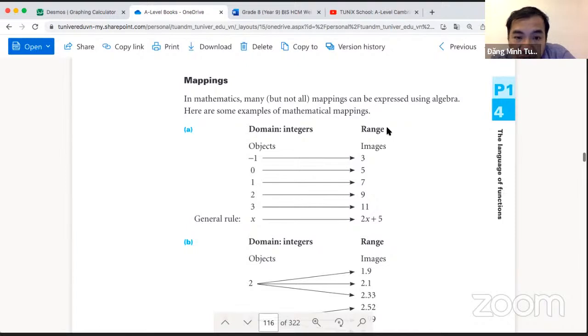For the range, the image, the object -1 connects to 3, 0 connects to 5, 1 connects to 7, 2 connects to 9, and 3 connects to 11. So in general, if the object value is x, the image, that means the range value, will be 2x + 5. Here there's a sequence; we already studied this, finding the sequence and the pattern.